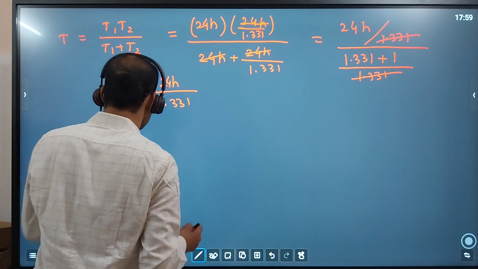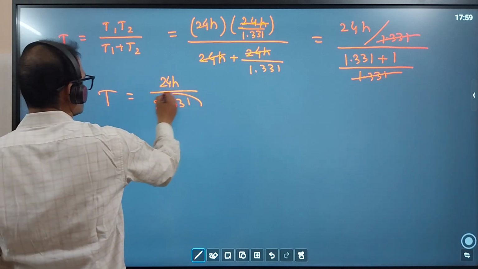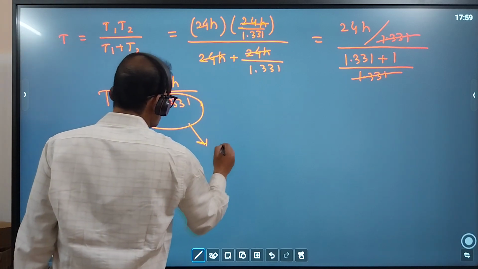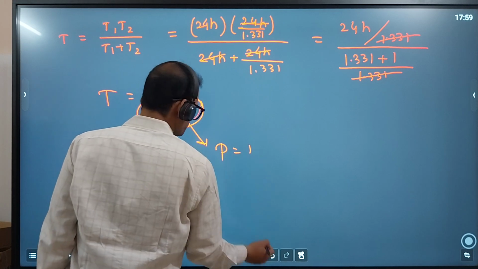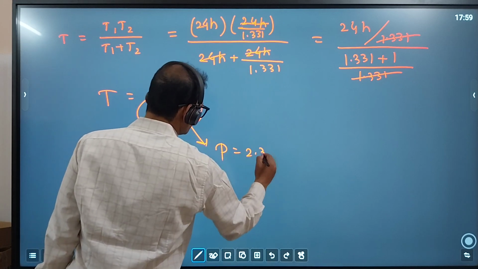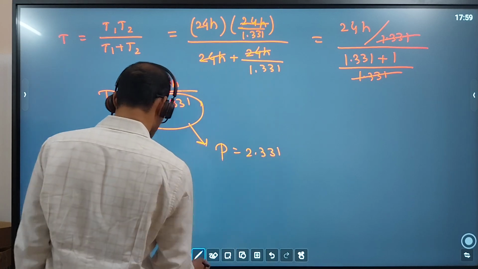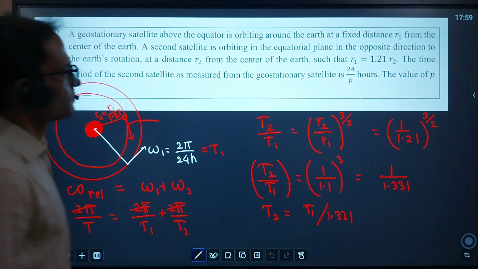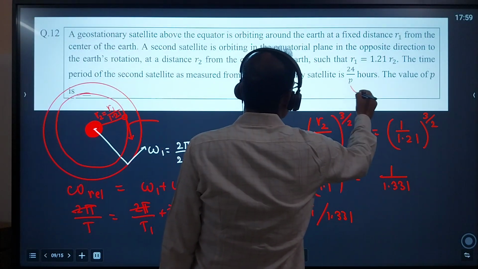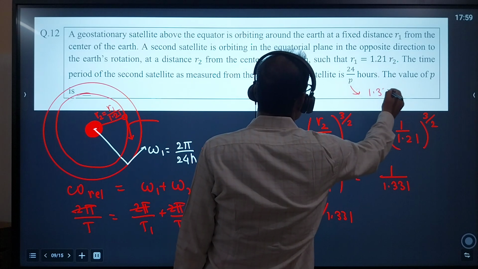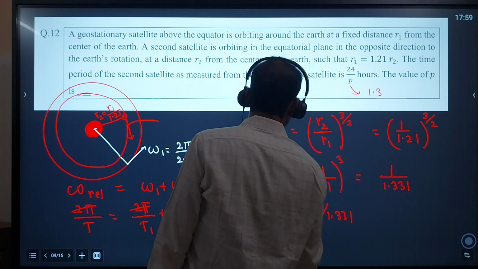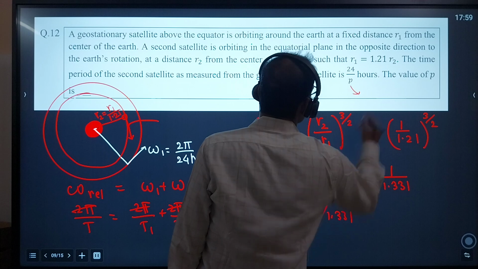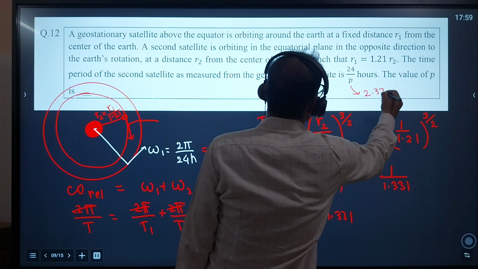Okay, so this is our answer. This is our p is equal to 2.331. So this p we had to find.